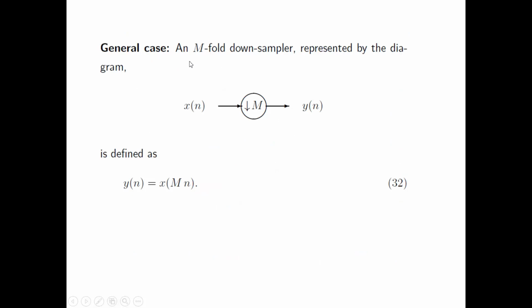Now, what is the general case here? In the previous slides, we took a case of downsampling with a factor of 2.